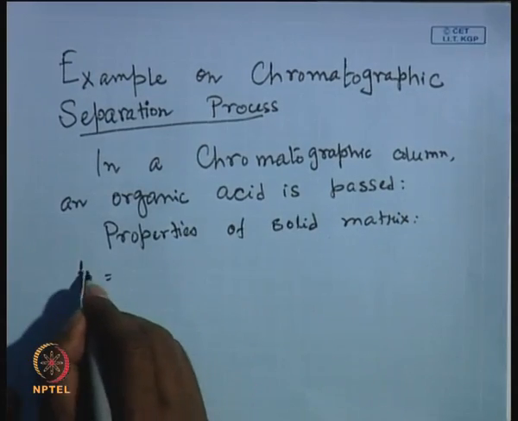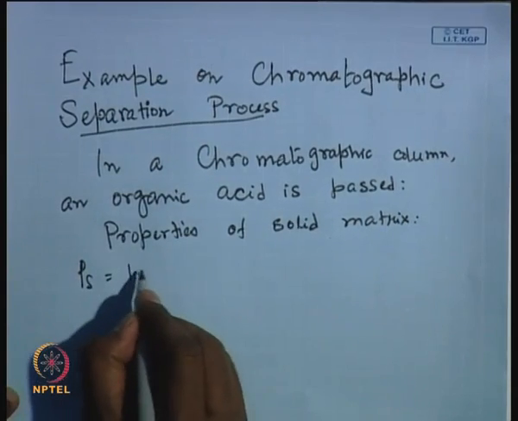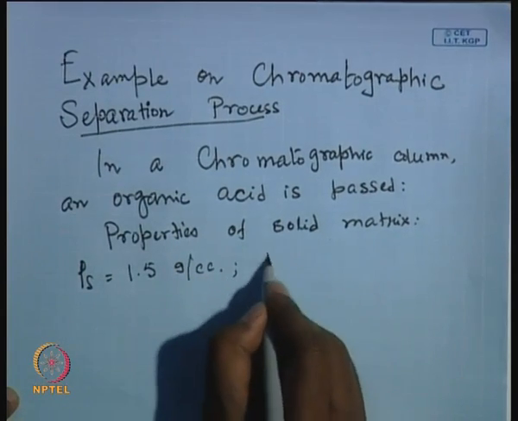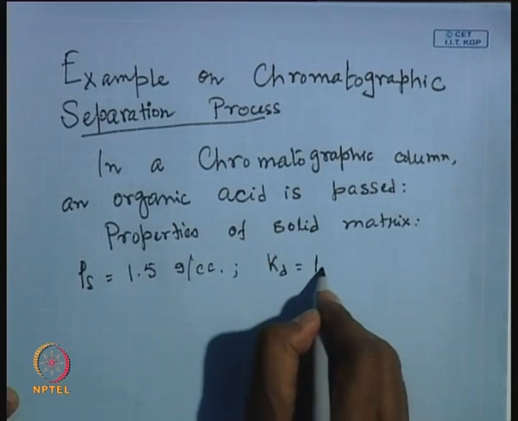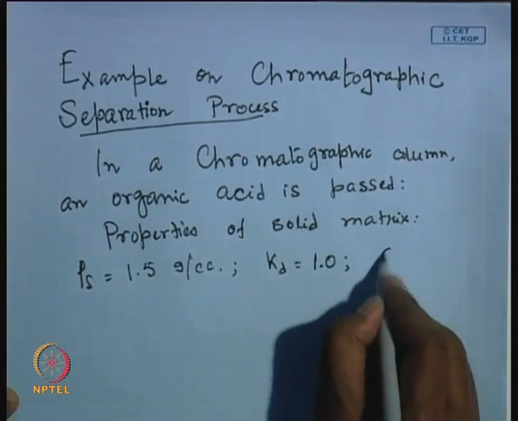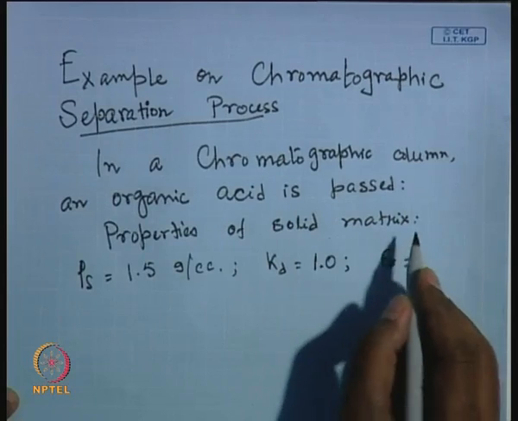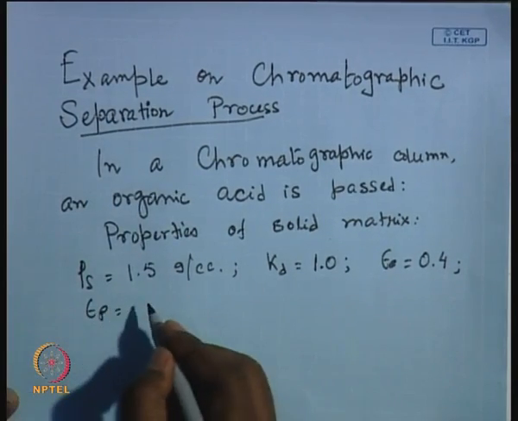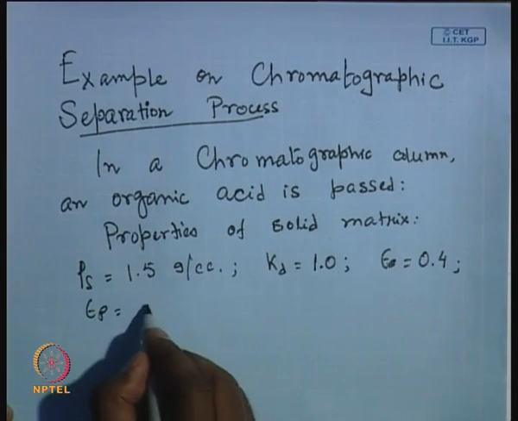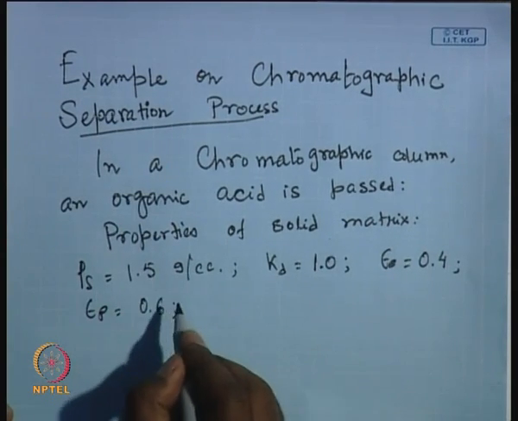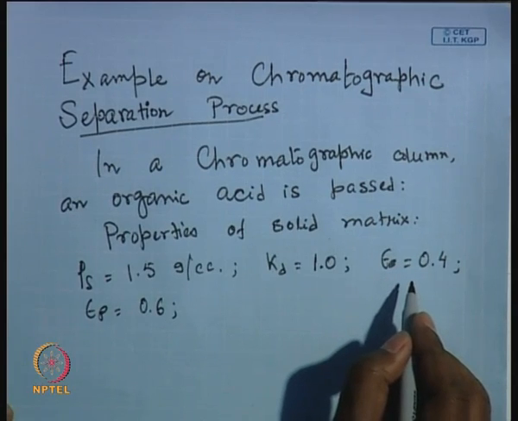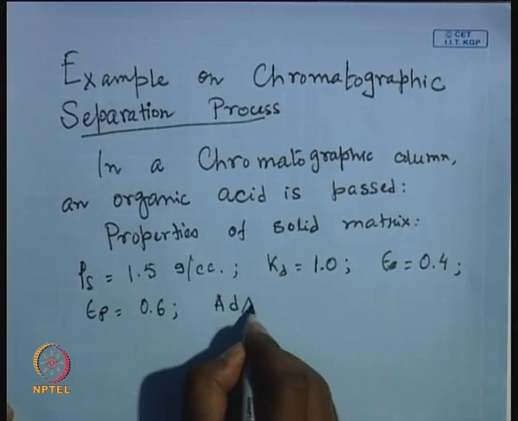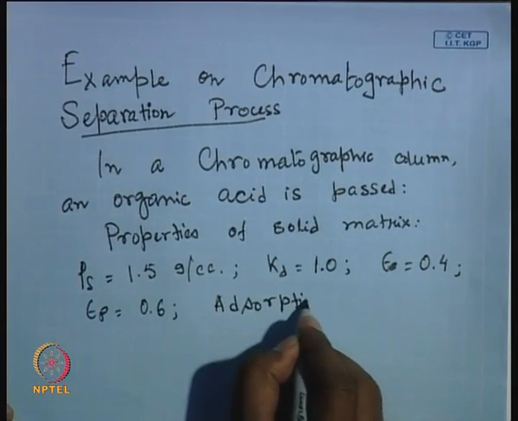Rho, the density of the solid, is 1.5 gram per cc. The parameter value Kd is 1 in this particular case. Epsilon E, the bed porosity, is 0.4, and epsilon P, the intraparticle porosity that we defined in the last class, is 0.6. Epsilon E is basically the interparticle porosity, that is, the bed porosity.